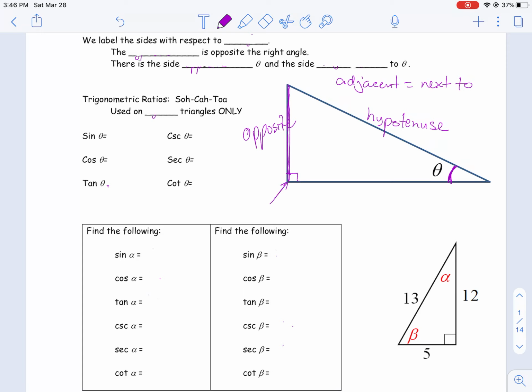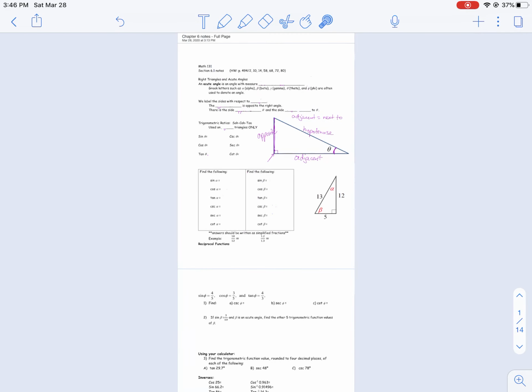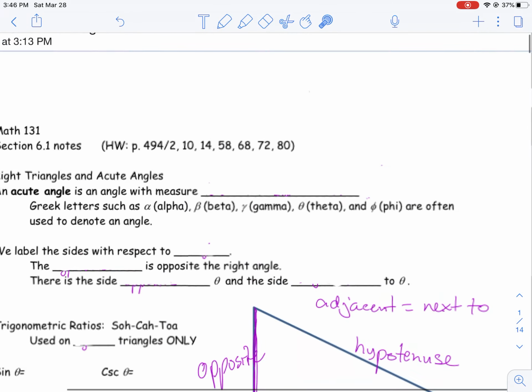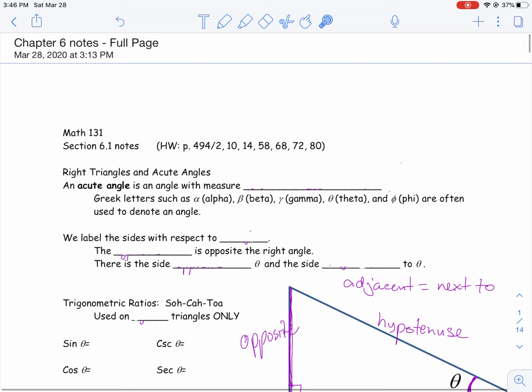So this side here is the hypotenuse, and then we refer to this last side as the adjacent side. Technically the hypotenuse is adjacent to the angle as well, but just to keep things straight, we always refer to the hypotenuse as the hypotenuse, the opposite side here as the opposite side, and then the leftover one as the adjacent side.